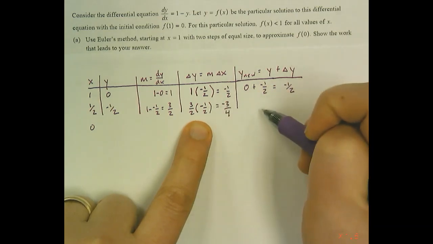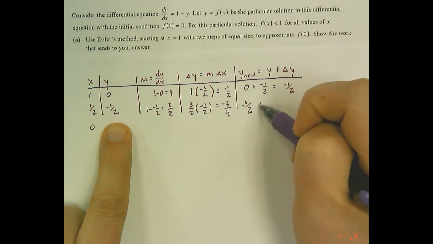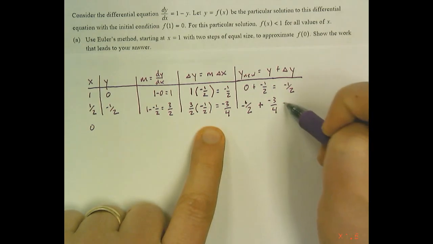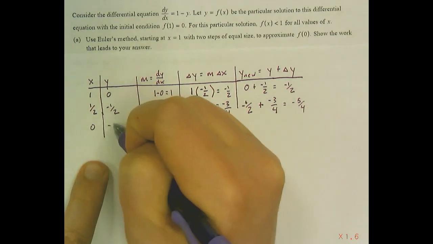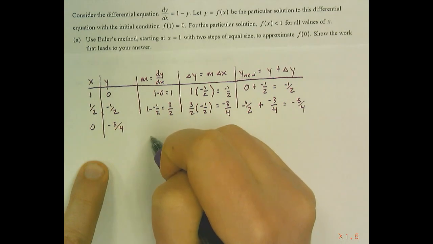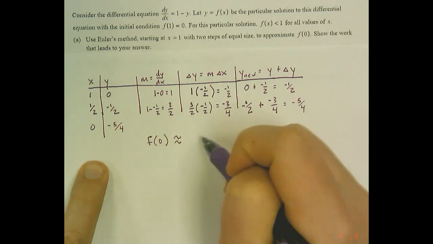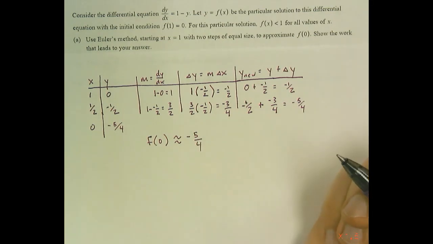So our new y value is negative 1/2 plus negative 3/4, which equals negative 5/4. And that comes down, negative 5/4. So f of 0 is approximated to be negative 5/4 by Euler's method with 2 steps.